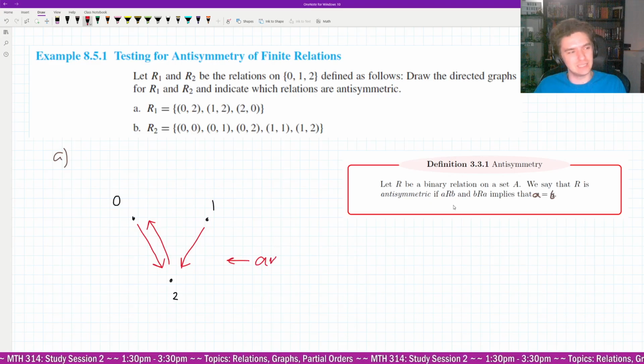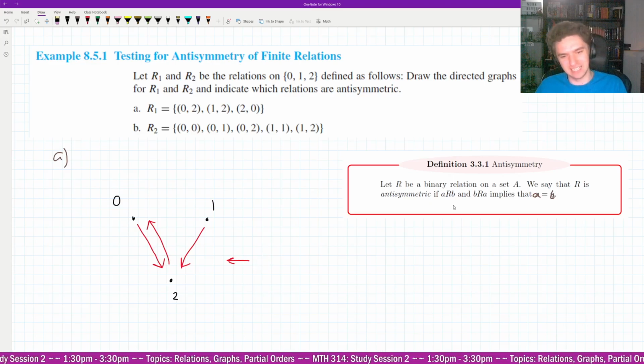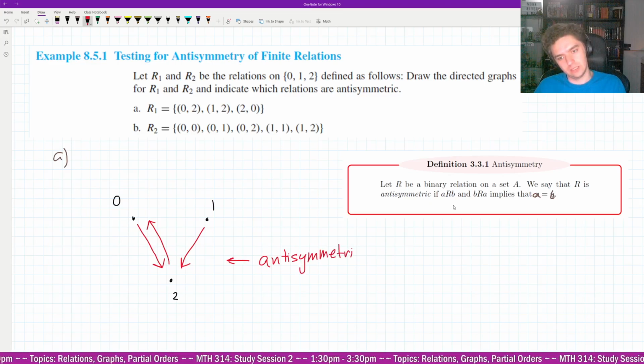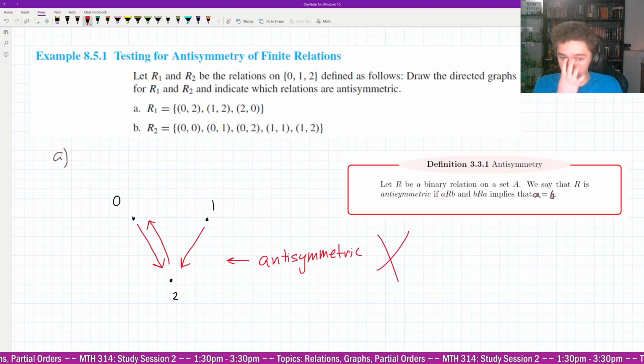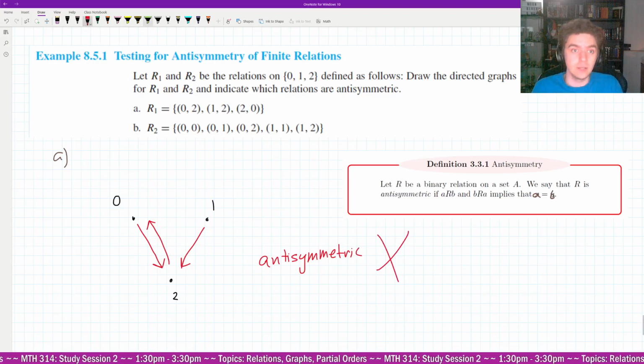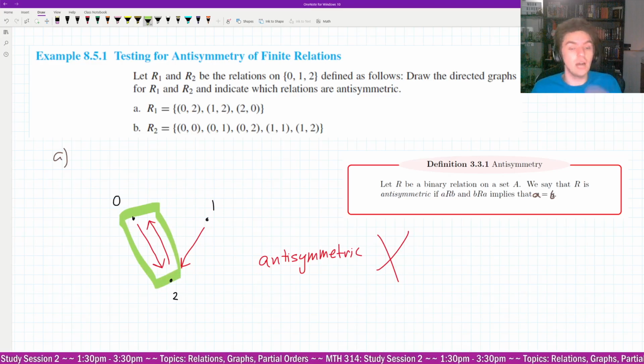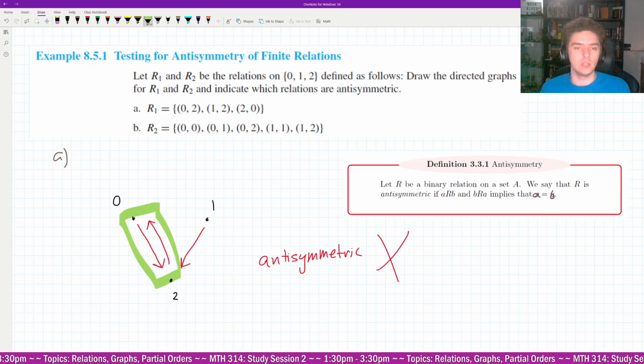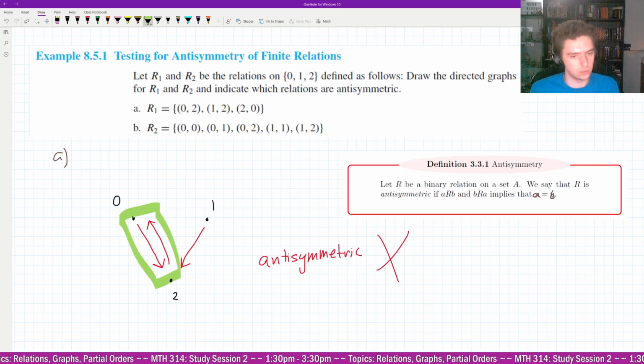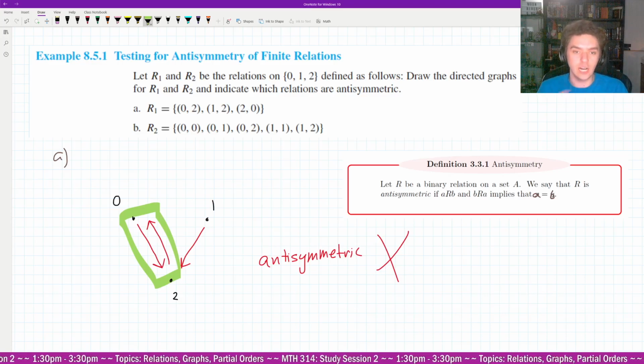It is not anti-symmetric, because you have symmetry between different elements. In an anti-symmetric relation, the only symmetry is like 1 to 1, 0 to 0, 2 to 2. Otherwise, you can have no other symmetry. Here we have 0 to 2 and 2 to 0. That is a symmetrical part of the relation, so it is not anti-symmetric.